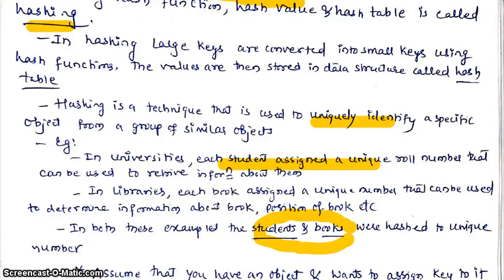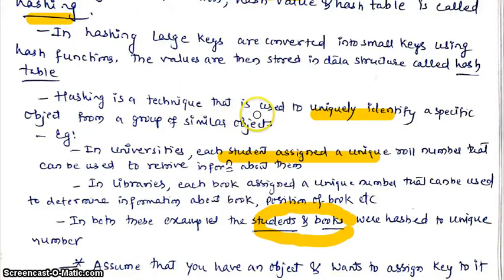Hashing is a technique that is used to uniquely identify a specific object from a group of similar objects. Suppose there are 1,000 students, and each student is assigned a unique number. I can easily access the information based on that number which is given to each student.